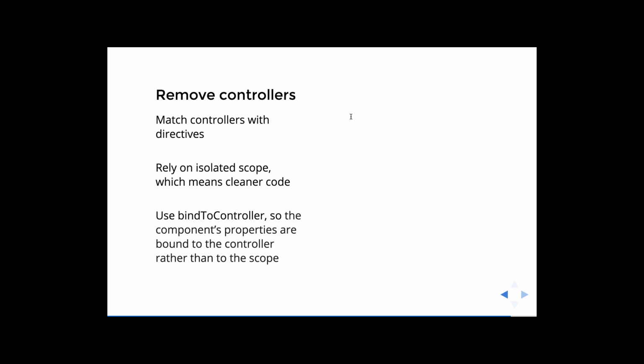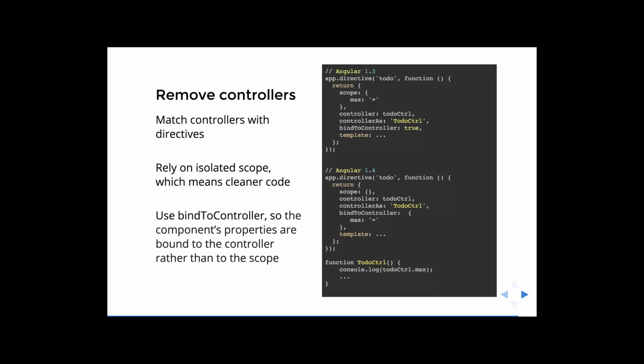Finally, remove the controllers. That's more difficult. I recommend you to match the controllers with the directives, and always rely on isolated scope. And if you code, you should also use bindToController. So all the properties are bound to the controller rather than to the scope.